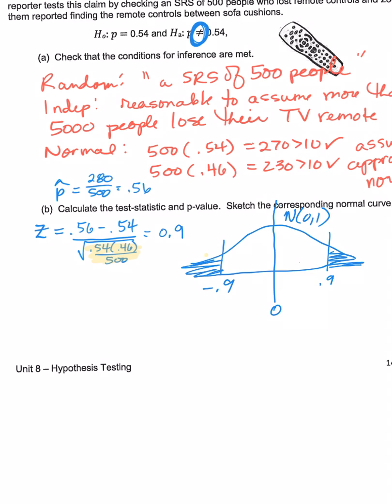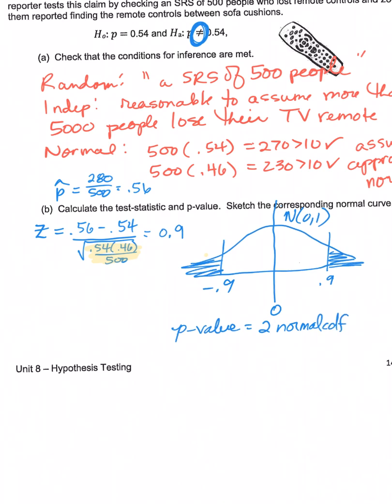So you've got 2 choices when you do this. You can either do normal CDF of the middle between the 2 and then subtract it from 1, or you can do one end and multiply by 2. That's what I suggest. So we're going to find a p-value, which is going to be 2 times normal CDF.